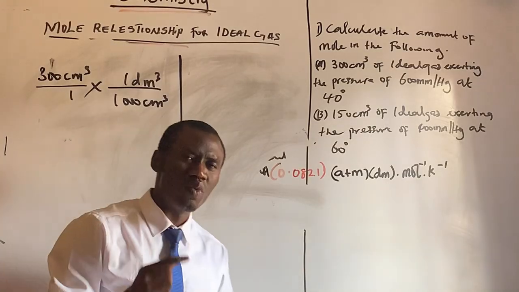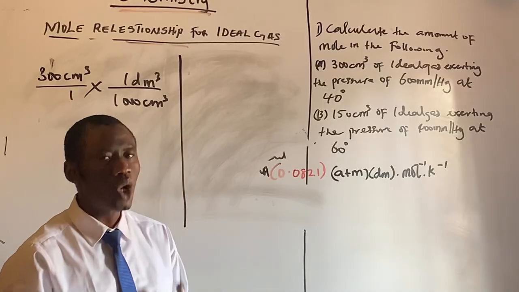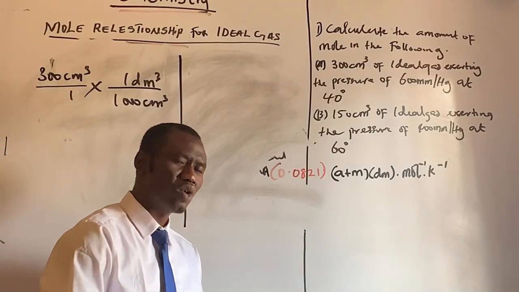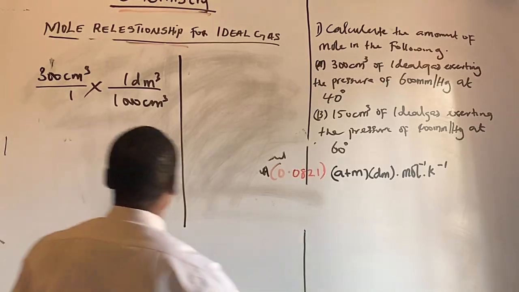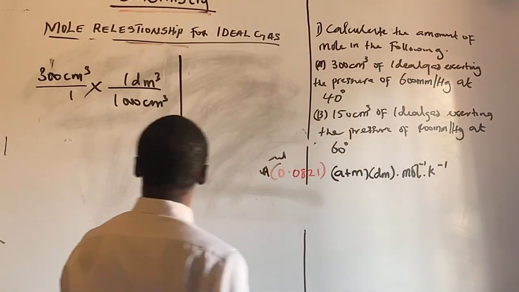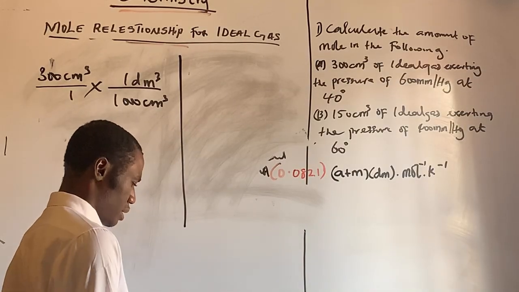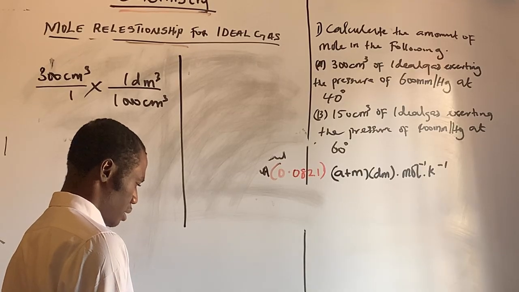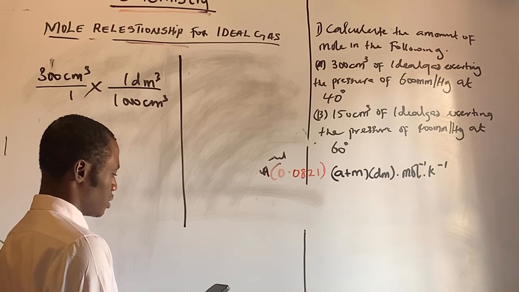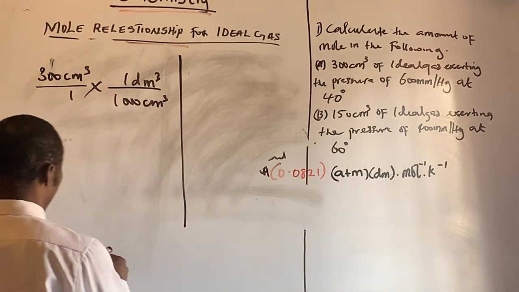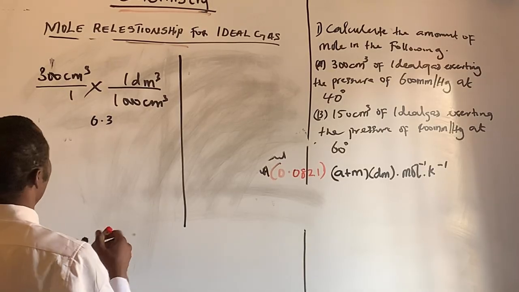I'm going to do it in such a way that cm³ will cancel cm³ using my conversion factor fraction, knowing that 1000 cm³ equals 1 dm³. So let's calculate now. 300 times 1 is 300, divided by 1000. So that will give me 0.3. So the answer here is 0.3. We're going to circle our answer.